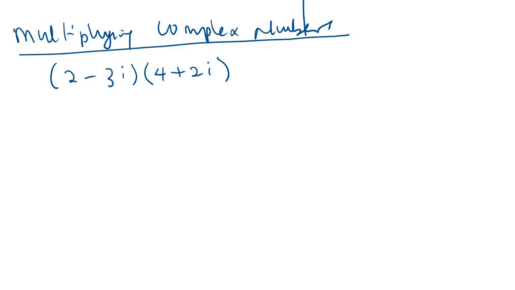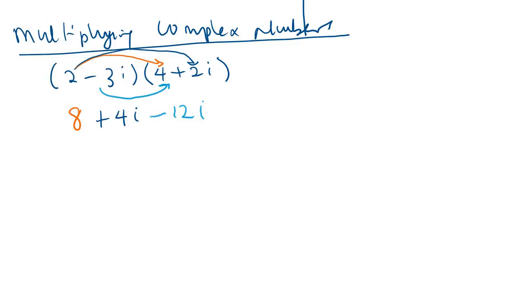So I'm going to go like this: 2 times 4 is 8. And now another term, 2 times 2i. That will be 4i. And then negative 3i times 4 will be negative 12i.